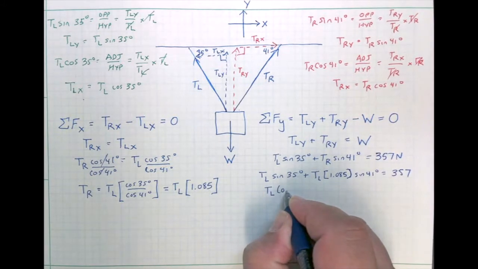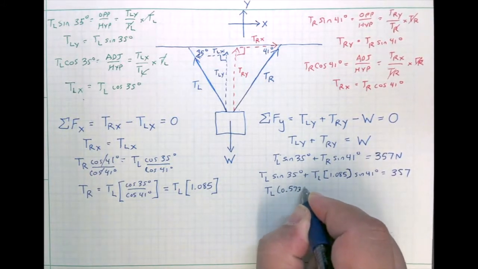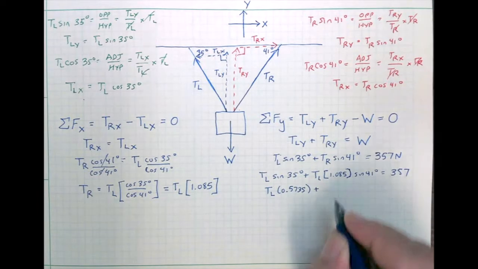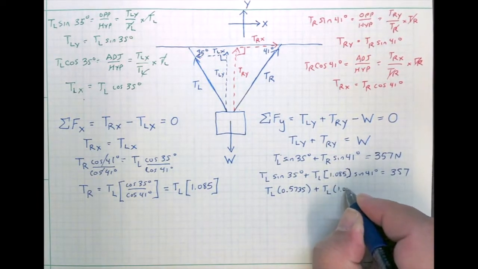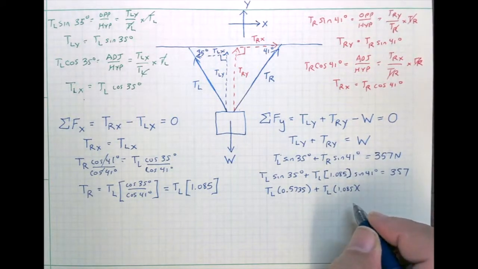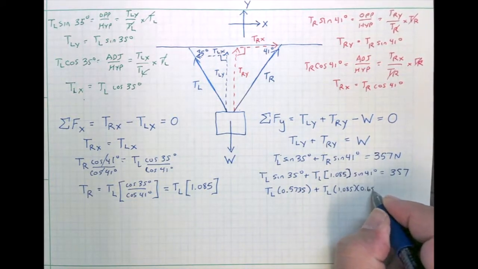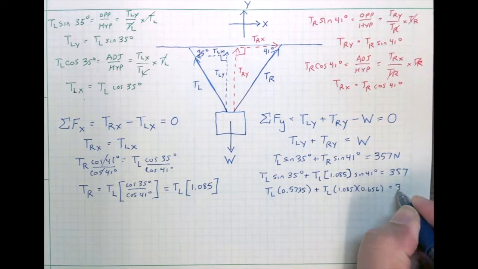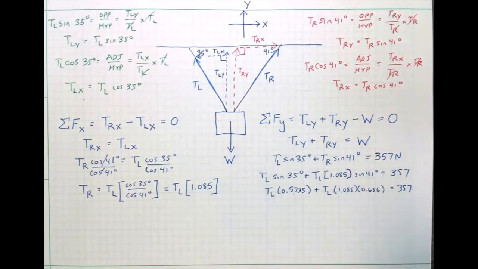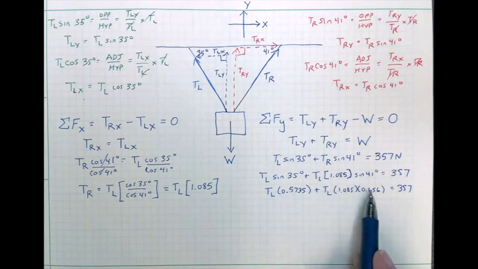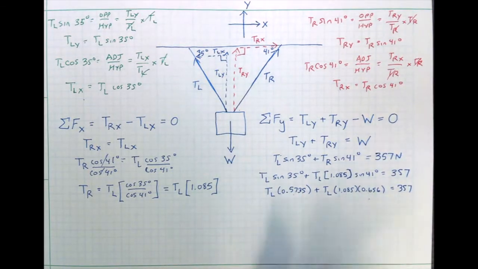TL times 0.5735 plus TL times 1.085 times 0.656 equals 357, because the sine of 35 is 0.5735, the sine of 41 is 0.656. So we multiply these two numbers together, and then we combine these two terms.